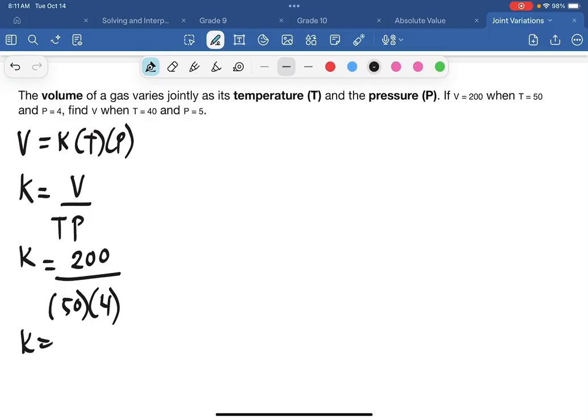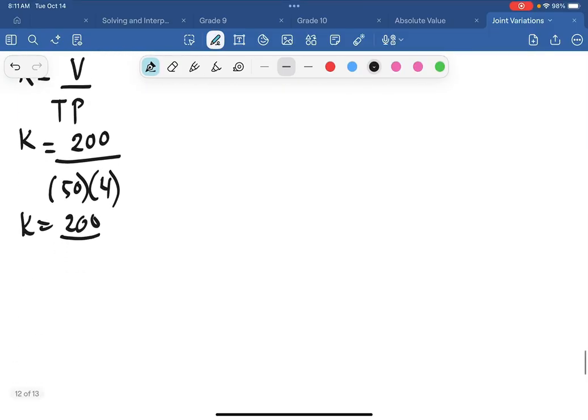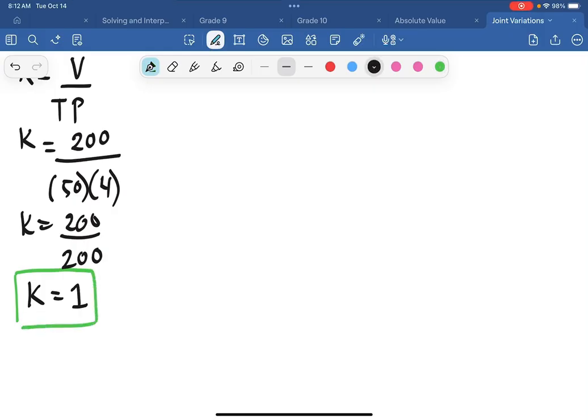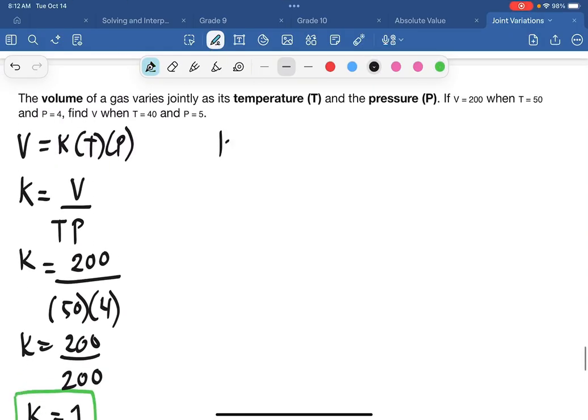So K equals 200 over 50 times 4, which is also 200 over 200. So the value of the constant is just 1. Now we have K is equal to 1.